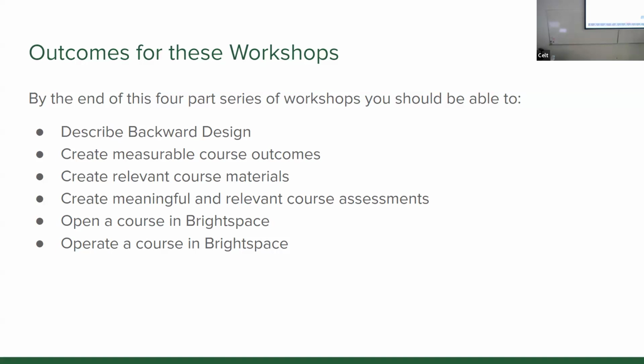But in this case, I thought it might be helpful to put the outcomes after we've had the chance to talk about the outcomes, so that you have your own chance to think about what these outcomes really encompass. Are they good outcomes? Do they follow the rules that I laid down? It just gives you a chance to reflect on them. And of course, so far we've hit describing backwards design, and we're in the process of creating measurable course outcomes.